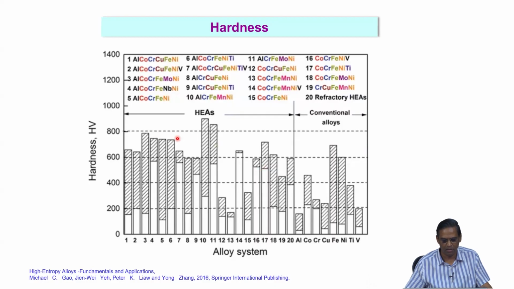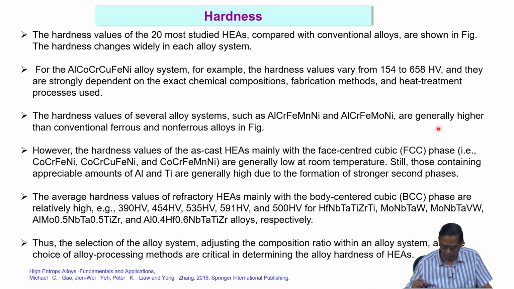All these conventional mechanisms still operate, but nevertheless the solid solution strengthening is also one of the primary strengthening mechanisms. So we will look at these hardness values, and what the contributions are for this class of materials.